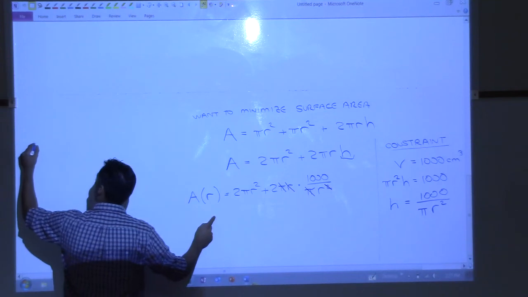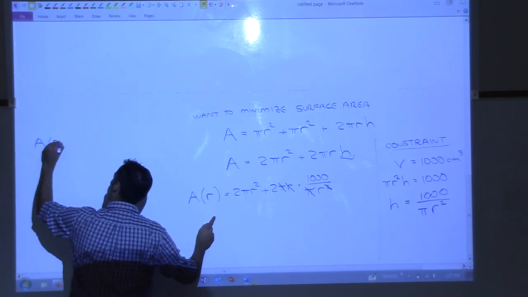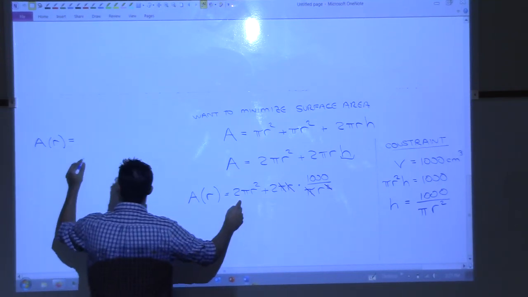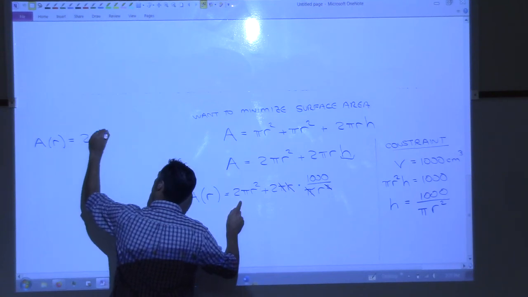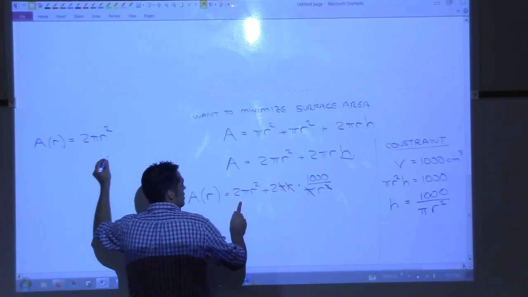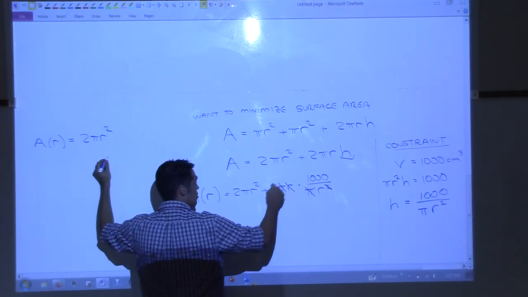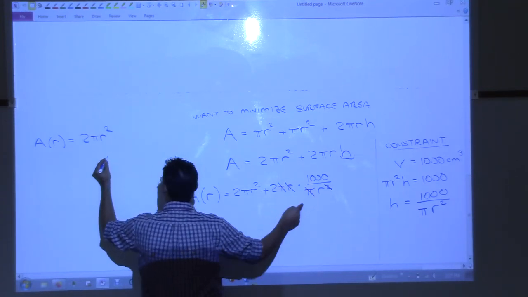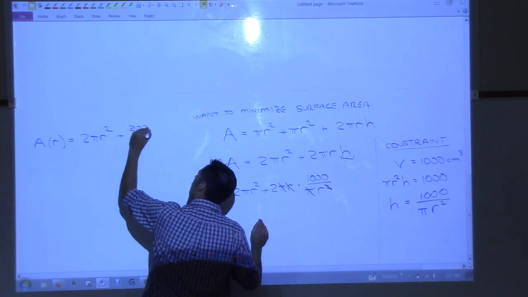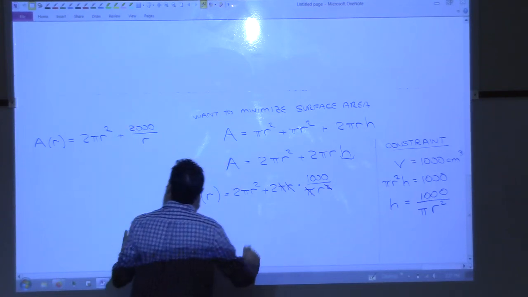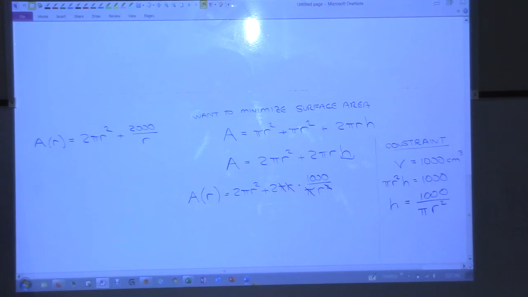Our surface area function of R is 2 pi r squared, still have the 2, still have 1,000, so plus 2,000 over R. Not bad.